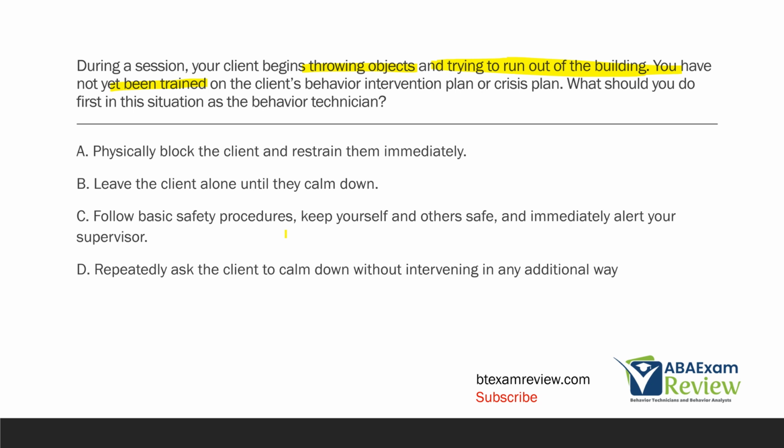And this is why you should never go into a case without training, because now everybody's in a very uncomfortable situation. D, repeatedly ask the client to calm down without intervening in any additional way. Well, just talking to them over and over again and avoiding intervention is almost as bad as leaving the client alone. They're trying to run out of the building. They're throwing things.